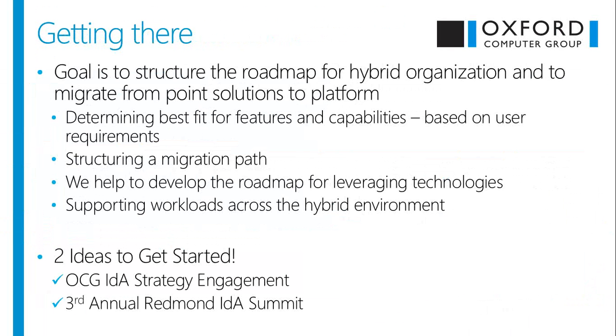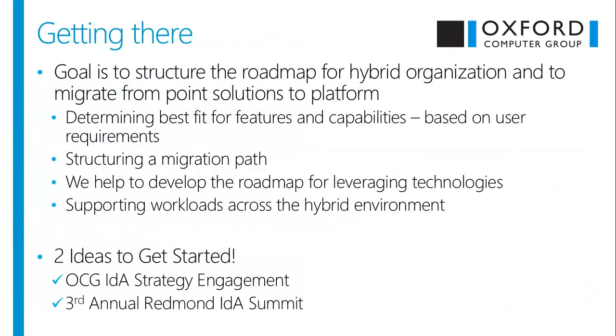Then structuring a migration path, so over the course of 12 to 18 months, maybe shorter, migrating out from point solutions onto the platform, developing a decommissioning plan, and implementing that.